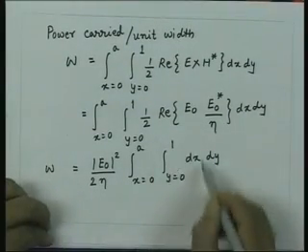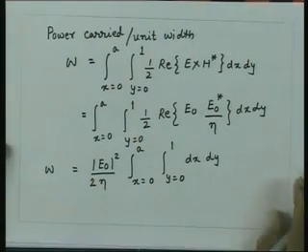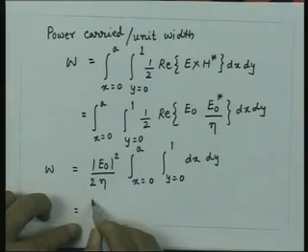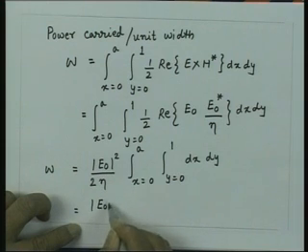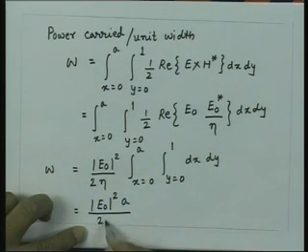So, essentially with respect to y the integral is 1, with respect to x the integral is A. So, this is equal to simply |E0|² A upon 2 eta.